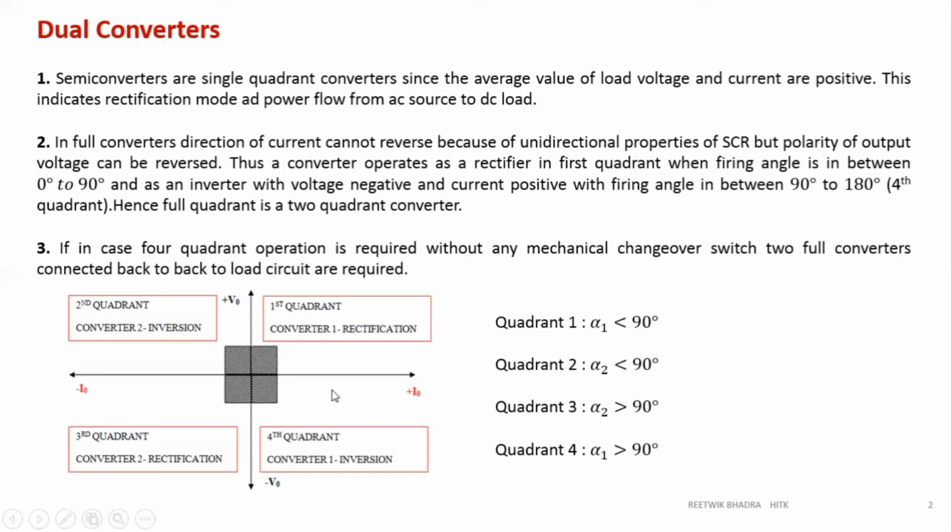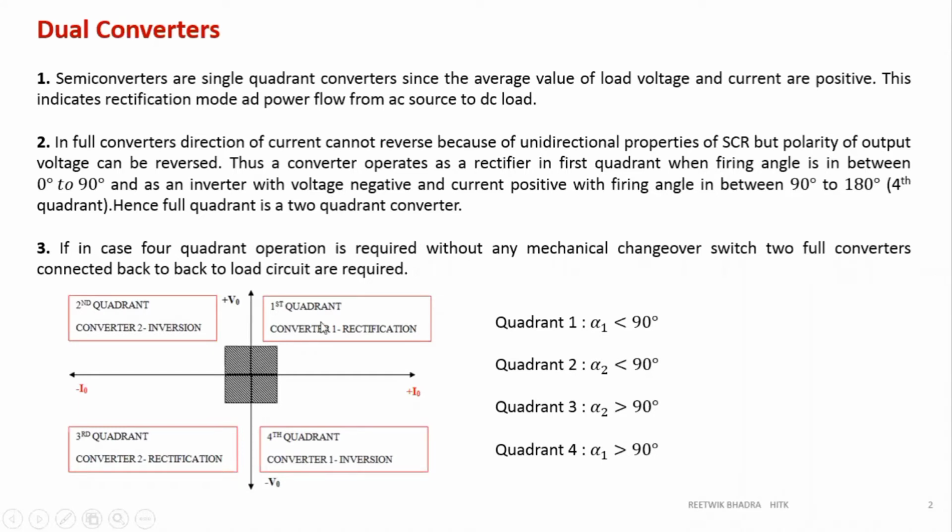That's why we need all four quadrant operation, and that's why we go for a dual converter. So basically, one converter will operate in the first and fourth quadrants, and another converter will operate in the second and third quadrants. All four quadrants will be covered by this dual converter.